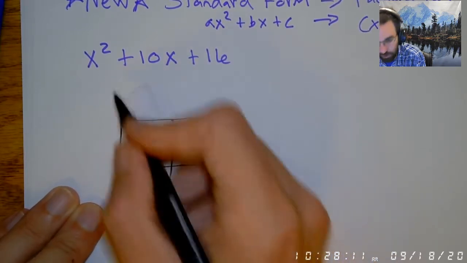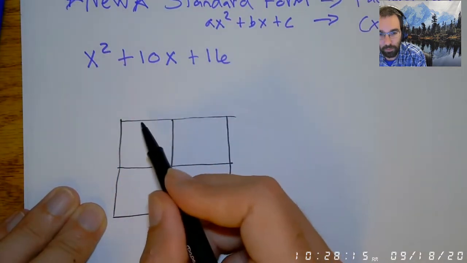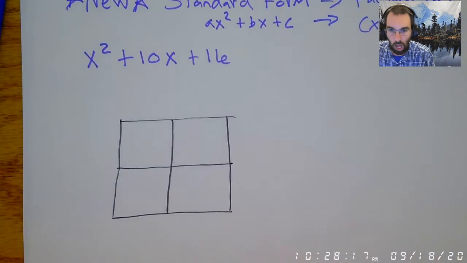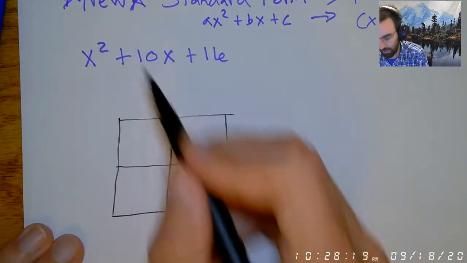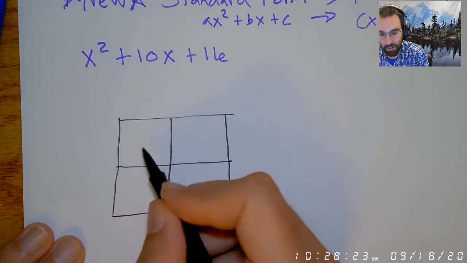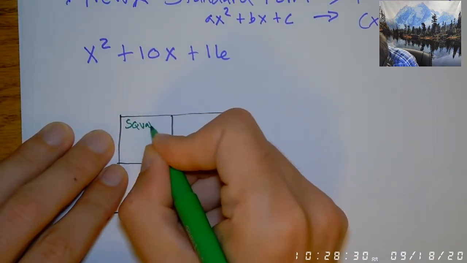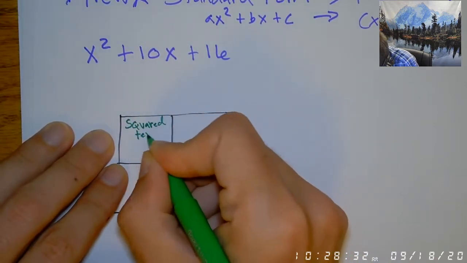Now, a cool little trick here. Do you guys see that this is a 2? I know that I'm going to have a 2 by 2. So the 2 right here tells us we're going to have a 2 by 2. Because remember, the squared term is going to be right here. So here, I'm going to write this. This is the squared term.